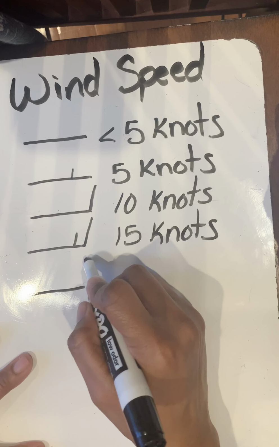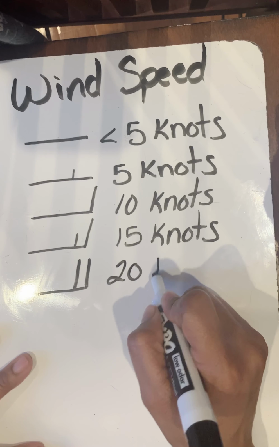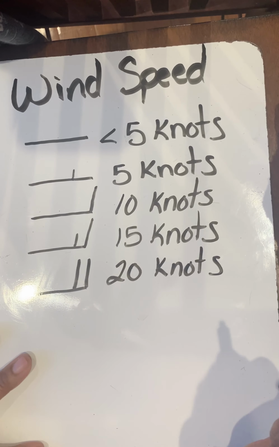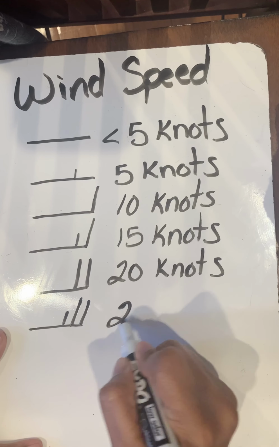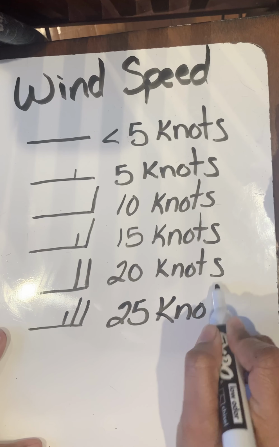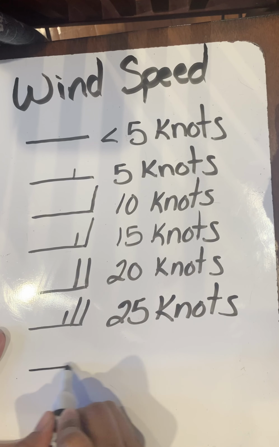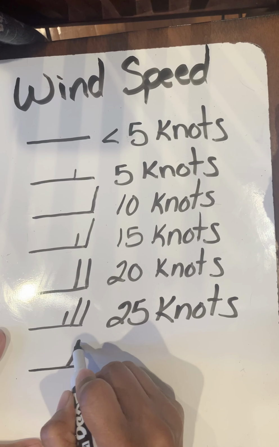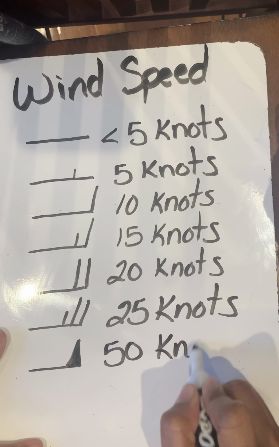Next, 2 long sticks, 2 10s, 20 knots. Okay, and we keep going like that. So that would be 25 knots. A flag, like this, is 50 knots.